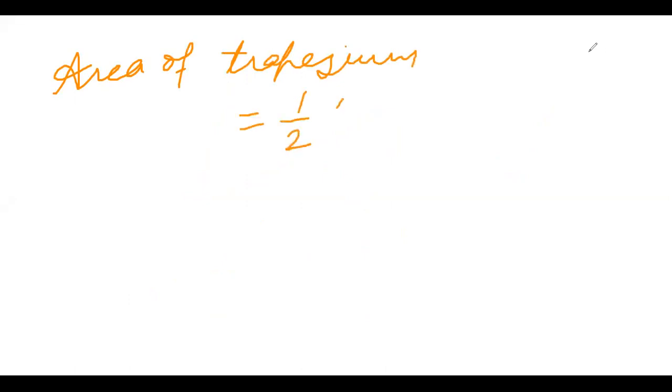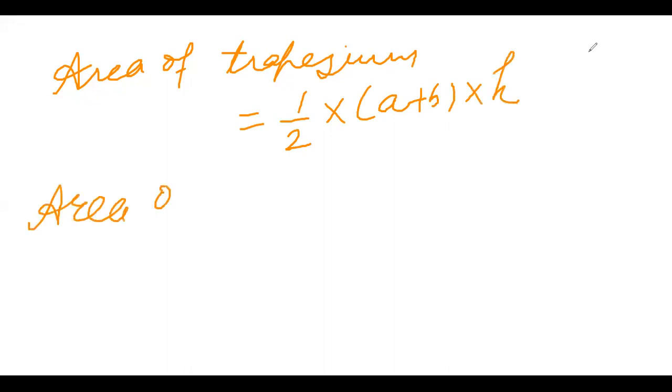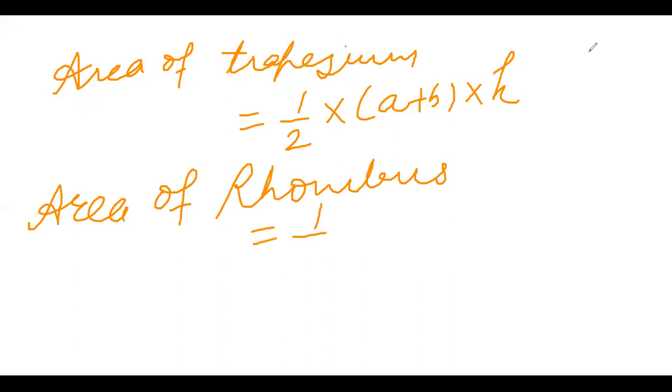First of all, area of trapezium, that is half into sum of parallel sides into height, and area of rhombus, which is the same as the parallelogram, so area is equal to base into height, but when diagonals are given, then the area is half into D1 into D2, right?